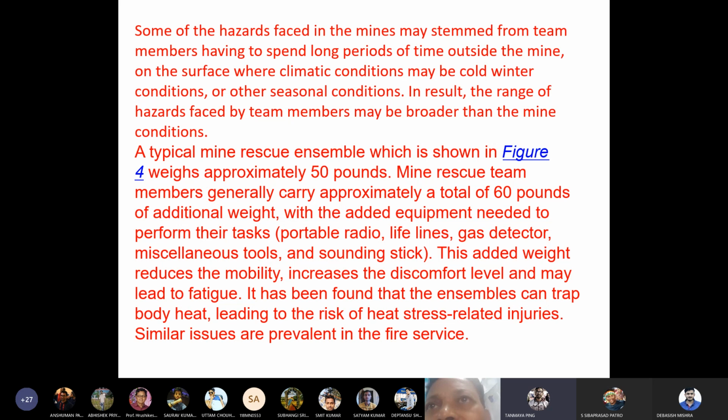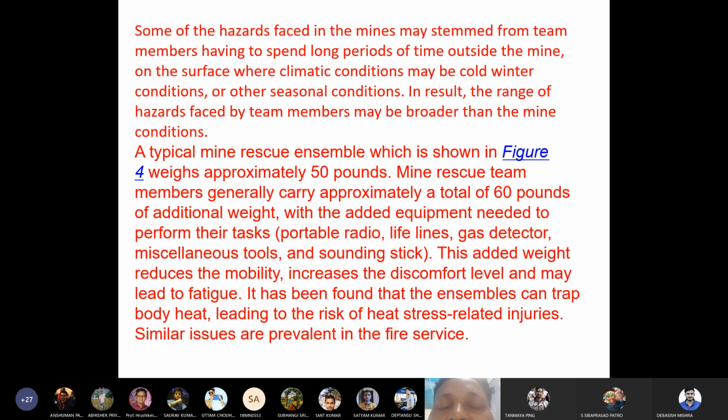So this added weight reduces the mobility, increases the discomfort level, and may lead to fatigue. Because of the heavy weight of the mine rescue equipment, they feel tired while they carry out rescue operations inside the mine.